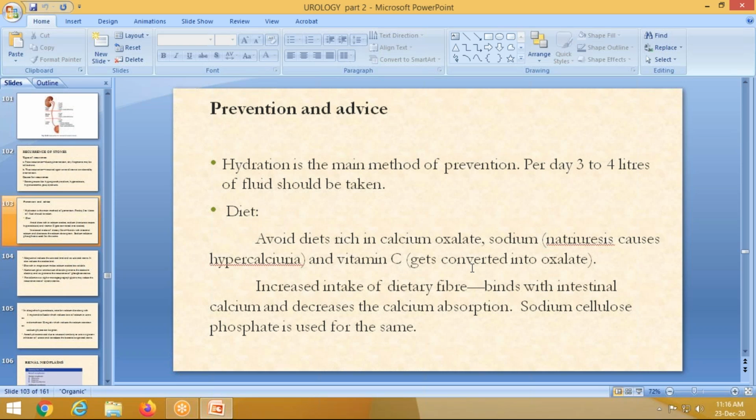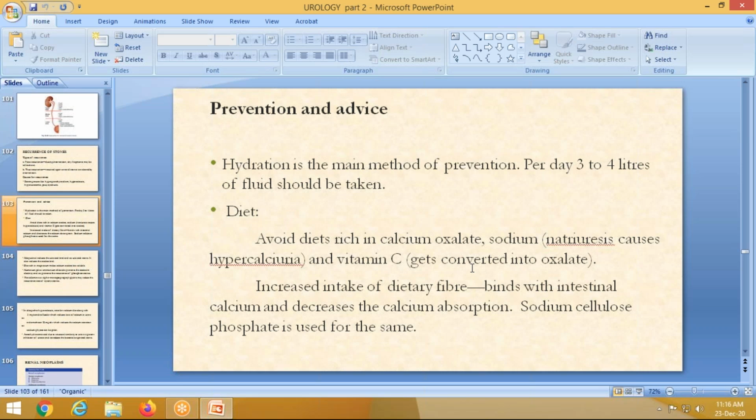You should avoid foods rich in calcium oxalates, sodium and vitamin C, which are responsible for forming oxalates. So avoid intake of materials like calcium oxalates, sodium oxalate, and vitamin C, especially in hypercalciuria.